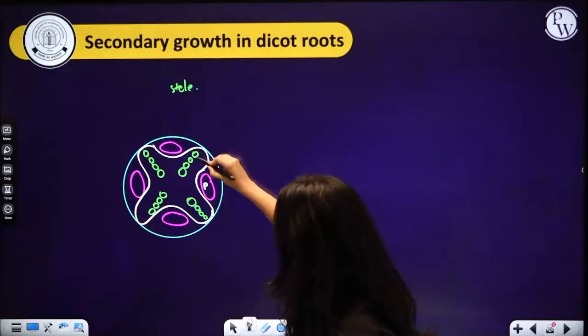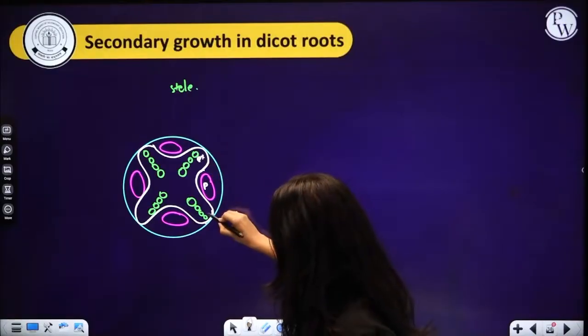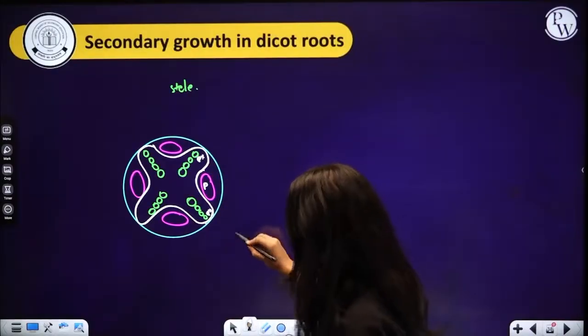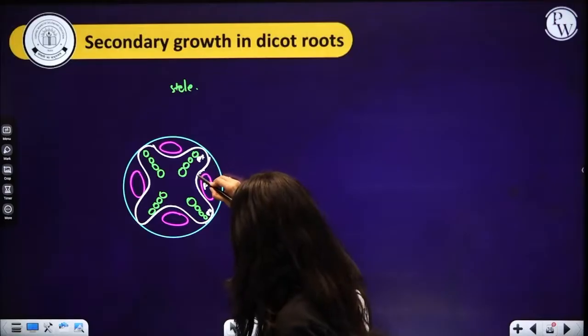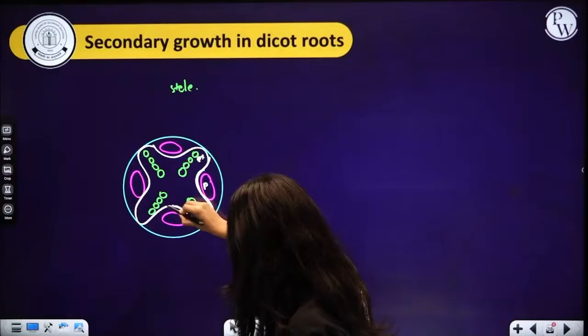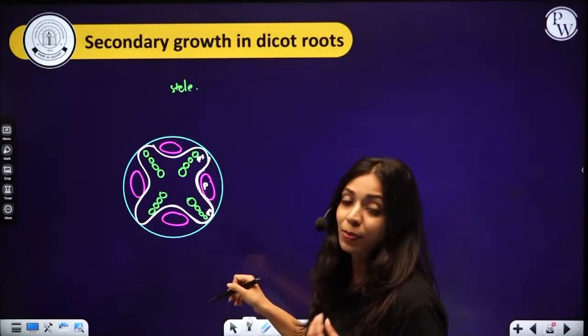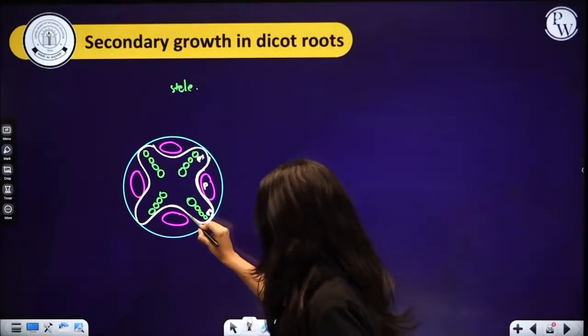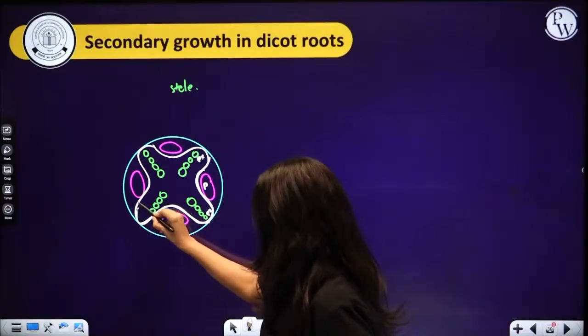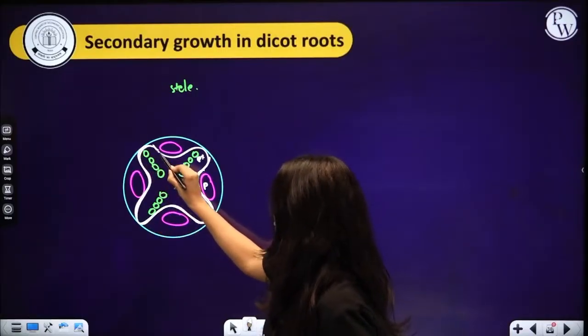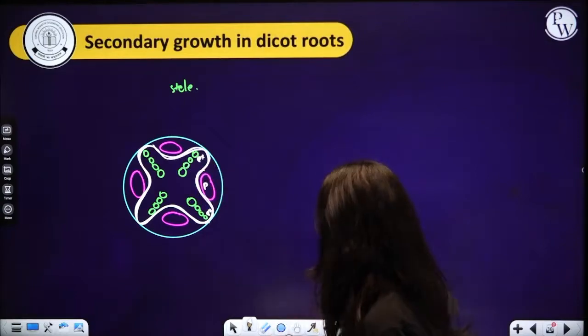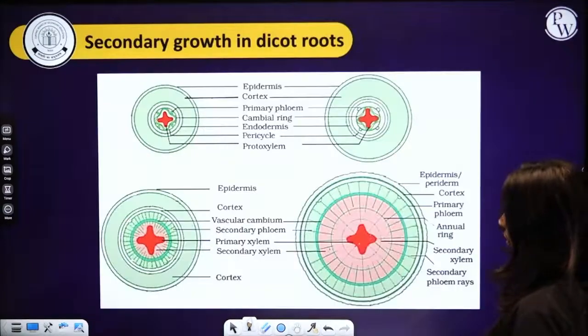See, this is our protoxylem. This is our phloem. So the cells that are present above the phloem and the pericycle region near the protoxylem become dedifferentiated and they form a continuous wavy ring like this. Okay, so that is what you can see over here.